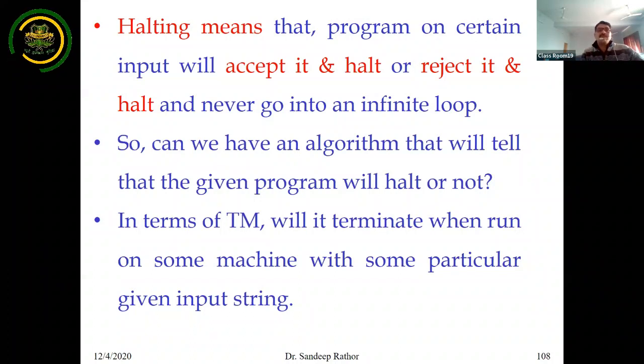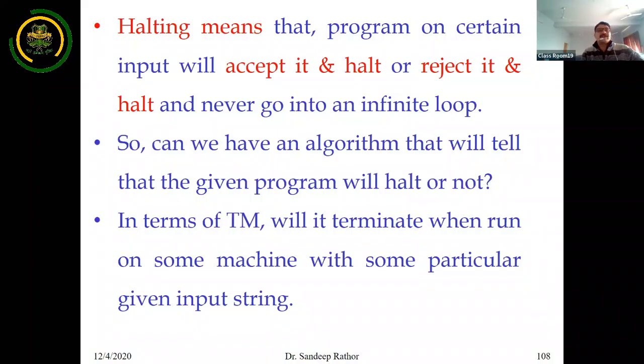So this is actually the halting problem: we don't have any program, algorithm, or procedure that can tell you that the given program will halt or not, or whether your Turing machine will halt for executing a particular program.